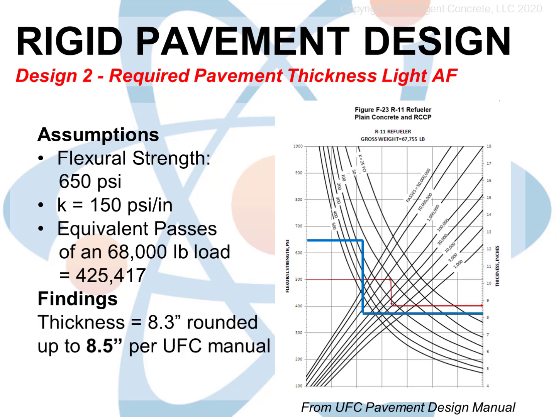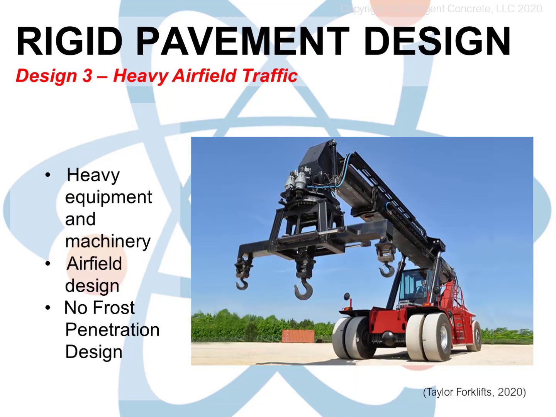Finally, we draw a straight line to the right to determine the required pavement thickness in inches. From this, we've determined that for the light Air Force airfield pavement traffic, we need at least 8.2 inches of pavement. This number is rounded up to 8.5 inches. We always round up to the nearest half inch in larger projects and often up to the nearest inch in smaller projects.